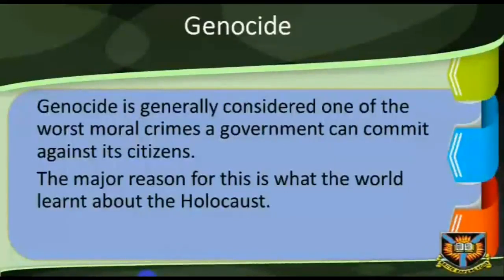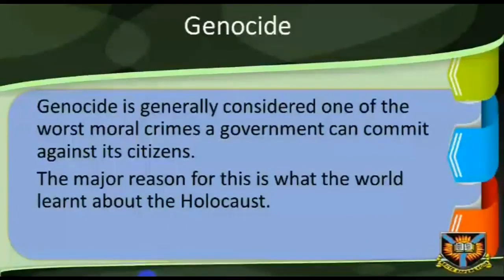The major reason for this is what the world learned about the Holocaust: the systematic attempt of German authorities during World War II to kill every Jew, no matter where found, or simply to destroy Jews as a group. The murder of between 5 to 6 million Jews became the paradigm case of genocide.